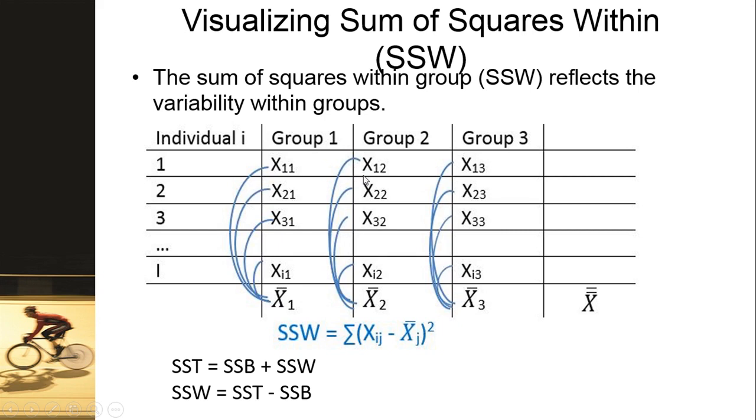You do this with group 1, and the blue curved line is the operation you need to do. Individual value minus the corresponding group mean, you calculate the differences and square them. Sum of square total equals sum of square between plus sum of square within.